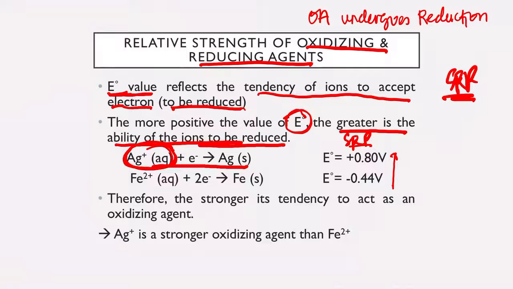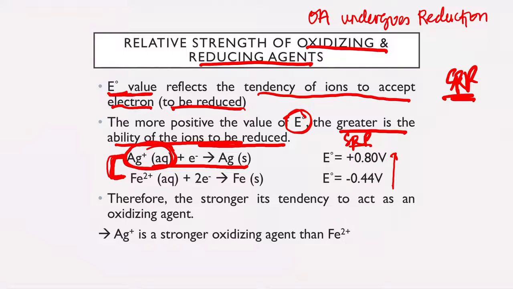Okay, so maksudnya antara silver and iron, between silver and iron, silver is the apa? Silver is the oxidizing agent. Okay, because it has greater tendency, greater ability of its ion to be reduced and become cathode, undergoes reduction.